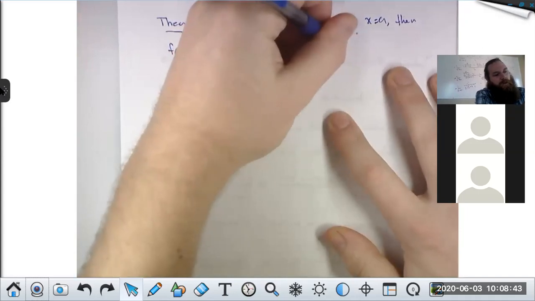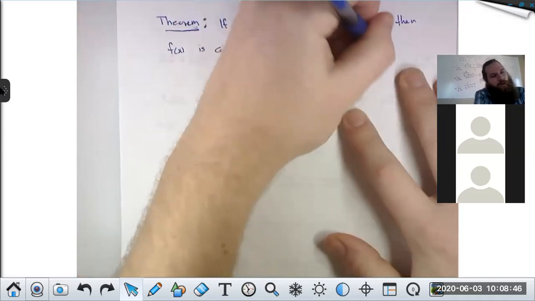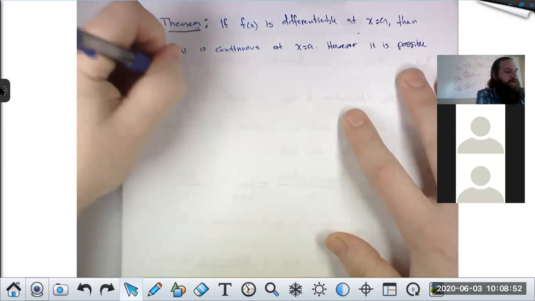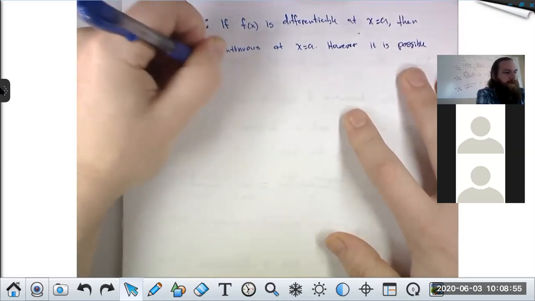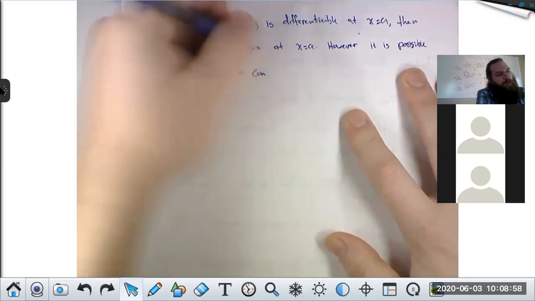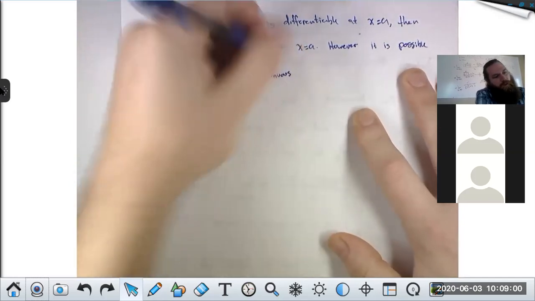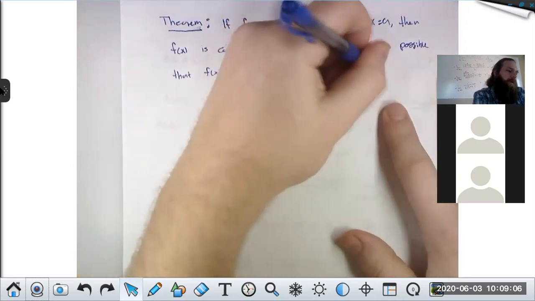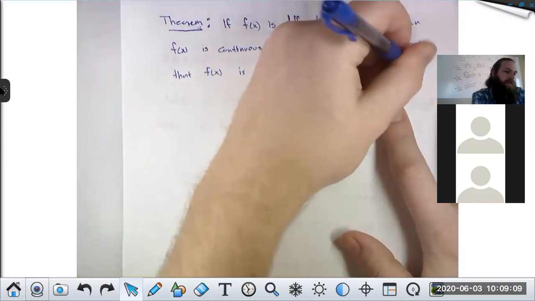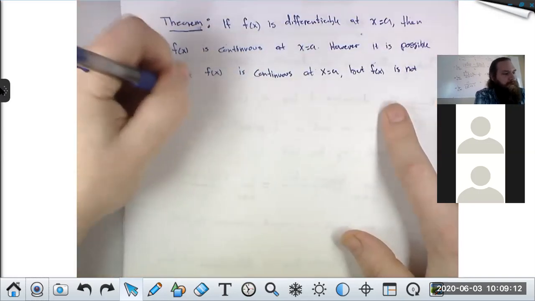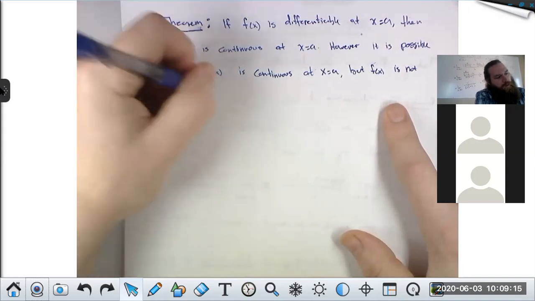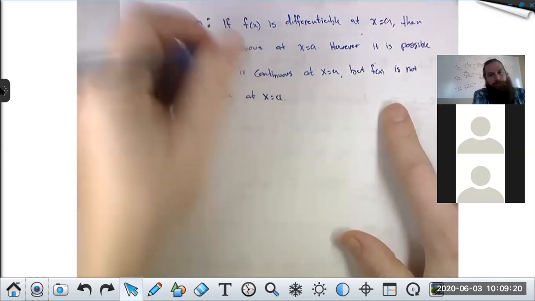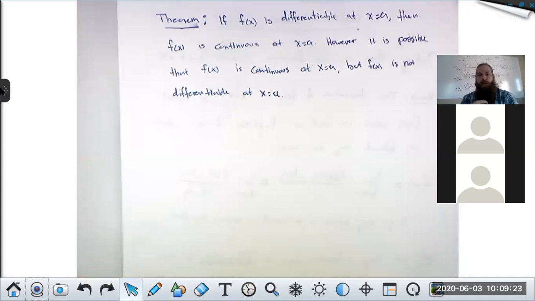However, it is possible that f of x is continuous at x equals a, but f of x is not differentiable at x equals a. So it's a one-way implication.